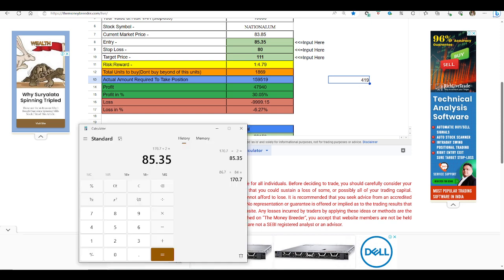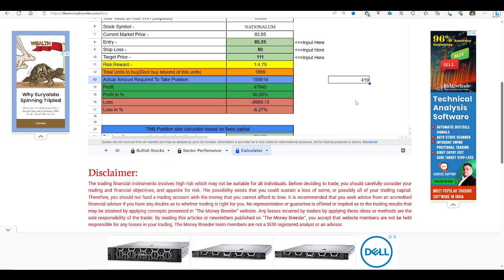Let's take 419 into the price we want to buy. Tomorrow I am expecting the market to open at 84, and I want to buy at 84 rupees. How much? 35,196 rupees I am going to invest.